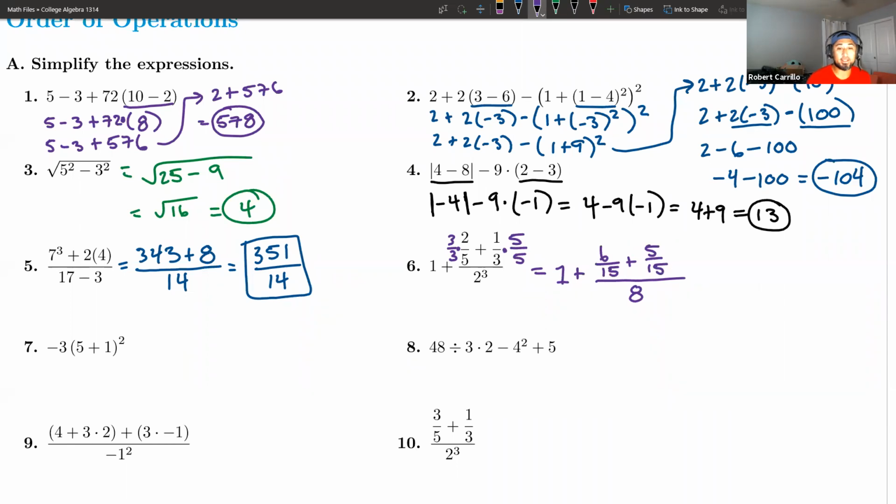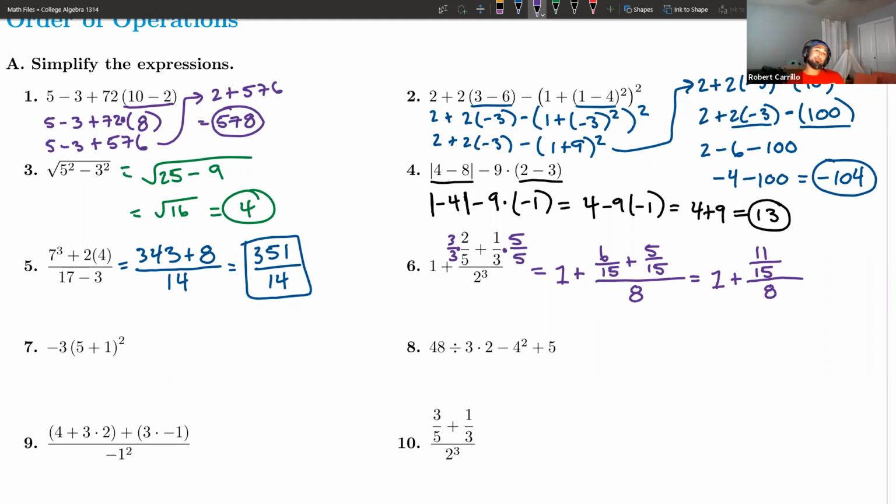Now we will add these two fractions. 6/15 plus 5/15 should give me 11/15, right? Correct. Good.